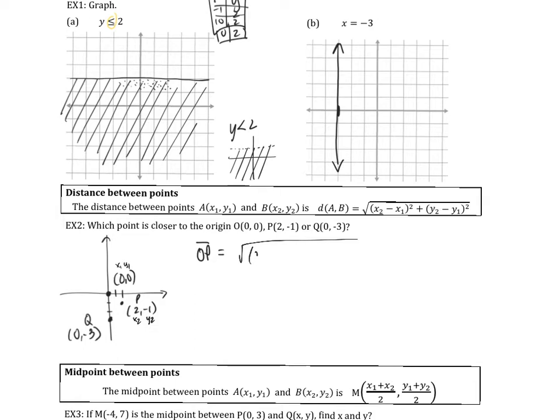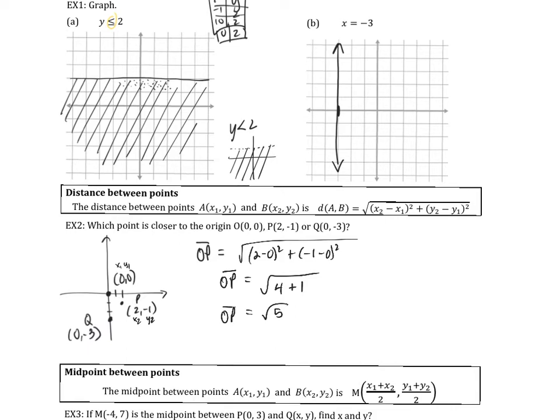So I've got 2 minus 0 squared, and then the difference between the y's, -1 minus 0 squared. So that is 2 squared is 4, -1 squared is 1. So OP is the square root of 5.